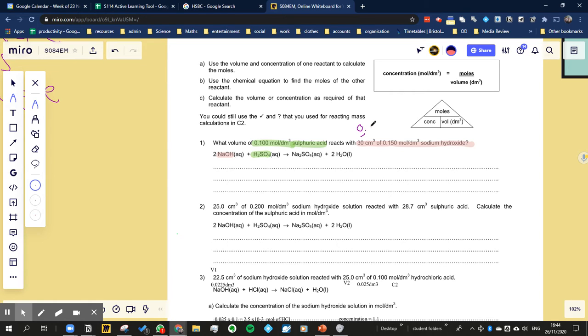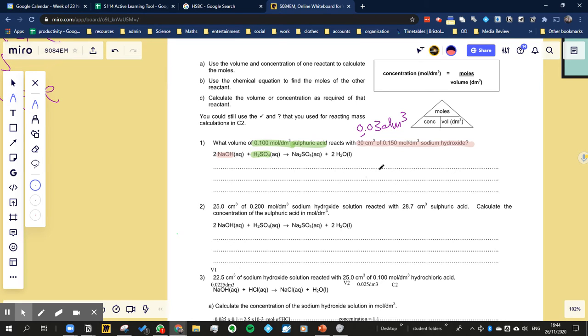So that's going to be 0.03. You're going to move it 3 places, 1, 2, 3, so decimeter cubed. Let's just use the formula triangle for this one.